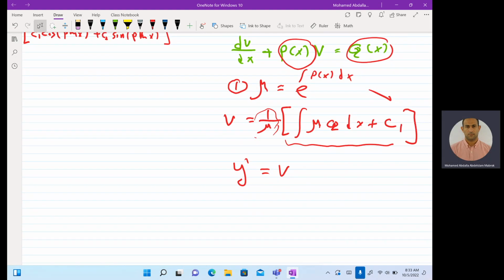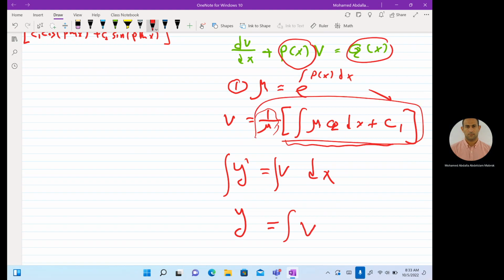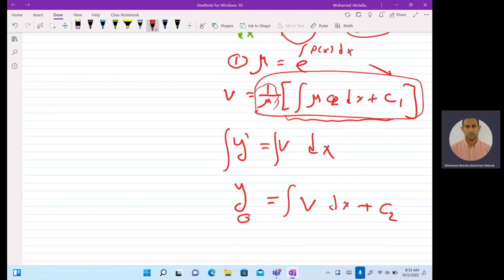Then let's integrate both sides. That gives us y on one side, and on the other side the integration of the v that you just got, dx, plus another constant, because we're doing another integration. And this would be your general y, in fact. It will give you yc plus yb. That's why you're going to see two constants plus a free term, which accommodates the yb.